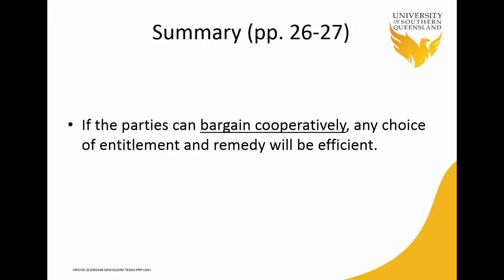So let's then summarize what we said. If the parties can bargain cooperatively, so this means the Coase theorem holds, any choice of entitlement and remedy will be efficient. So if we can somehow structure our legal systems to induce this kind of cooperative behavior, then we would get to this point.